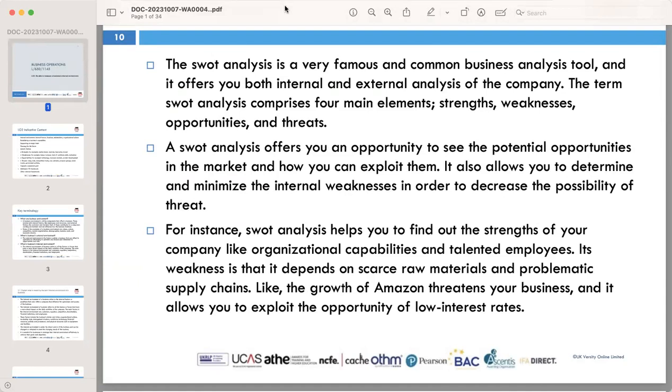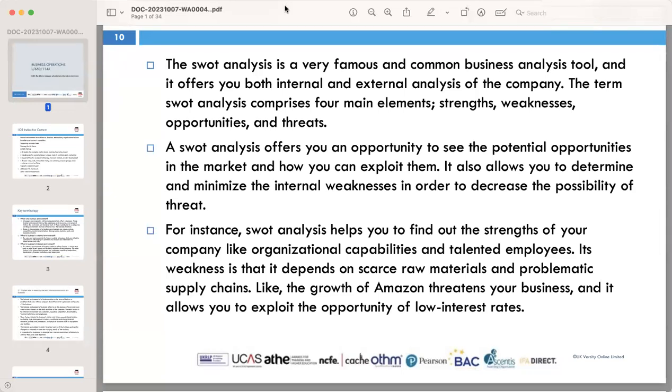Okay, so SWOT analysis is a very famous and common business analysis tool. SWOT analysis is a widely used business tool that offers both internal and external insight into a company. What is SWOT analysis? SWOT analysis stands for strengths, weaknesses, opportunities, and threats.